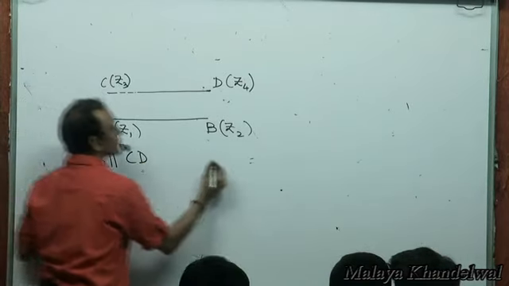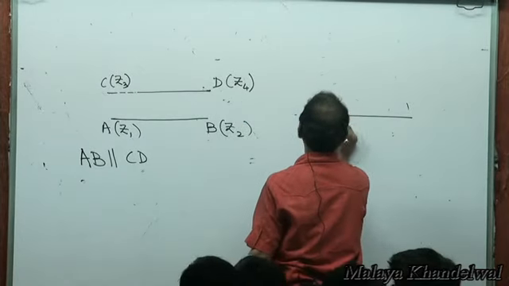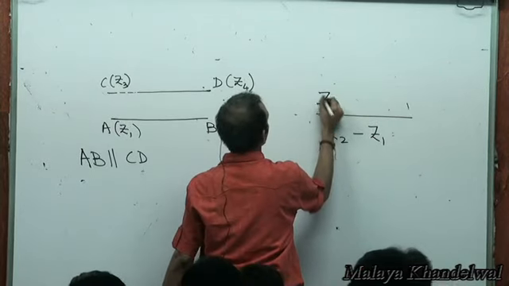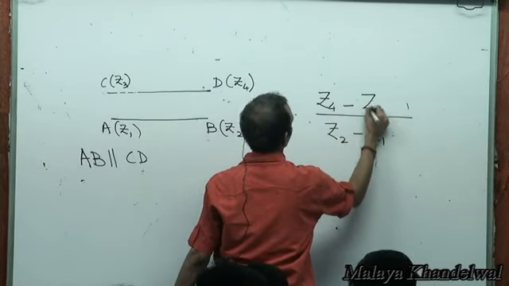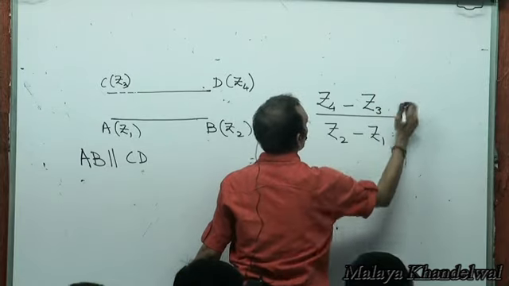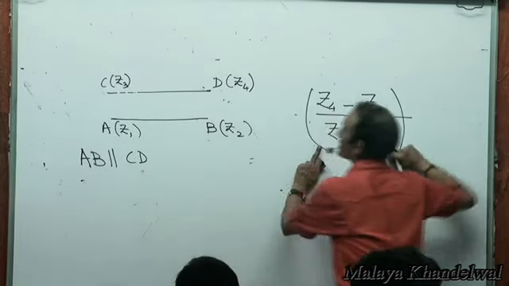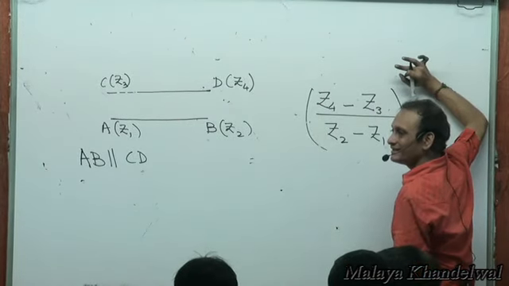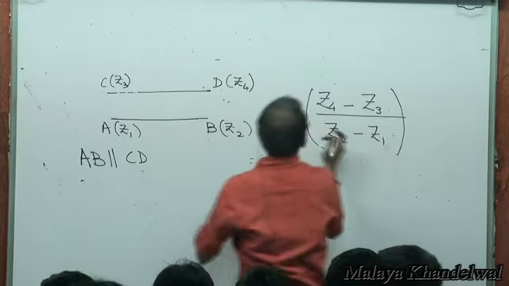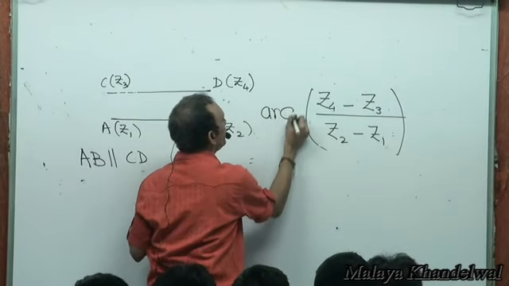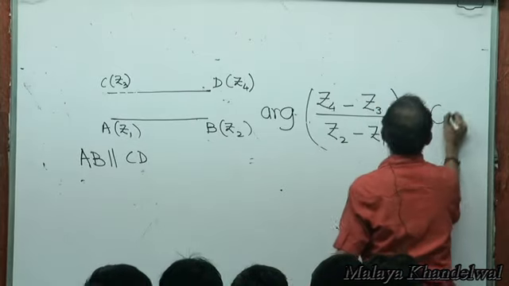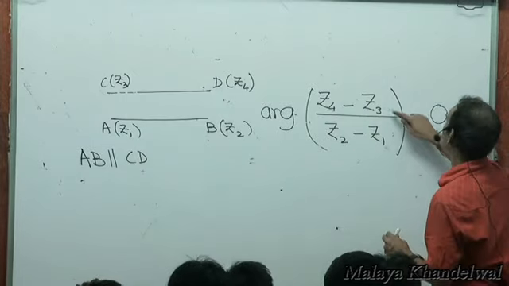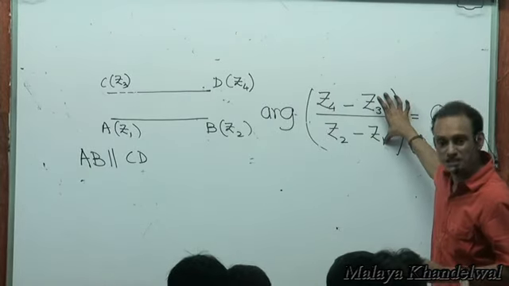Now again look at this ratio, Z2 minus Z1 and Z4 minus Z3. The amount by which you must rotate the denominator vector so that it coincides with the numerator vector would either be 0 or pi for them to be parallel. That means the argument of this is going to be either 0 or pi. For AB to be parallel to CD, this ratio must be a purely real number.